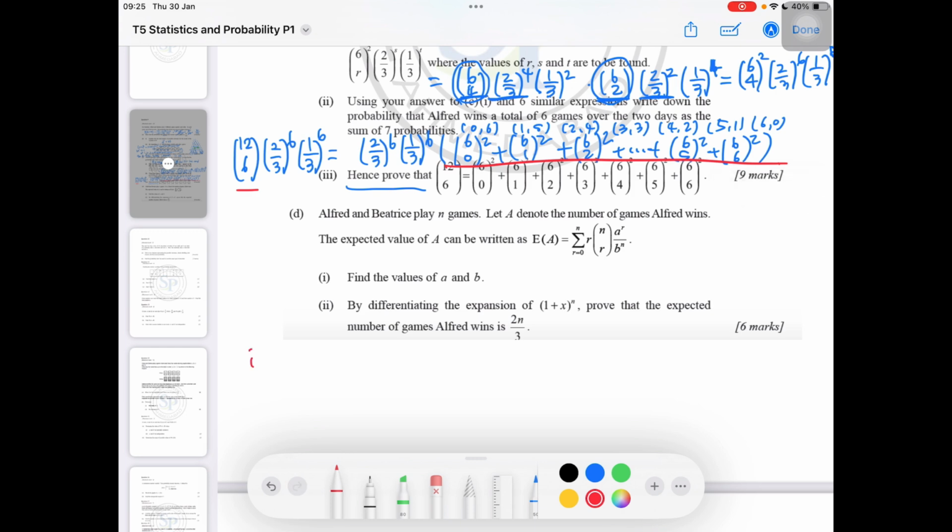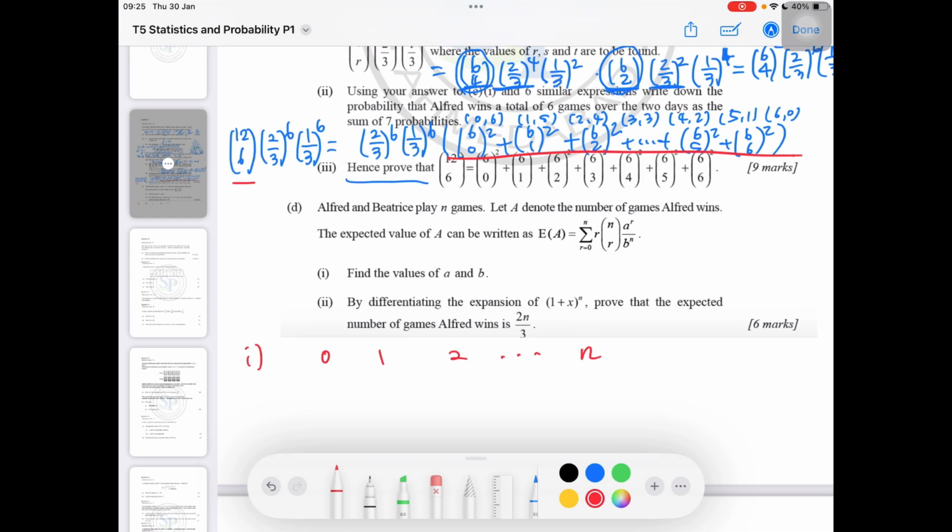Let's make it. So for example, he can win 0, 1, 2 up to n. This is the number of wins for Alfredo. The probability of winning 0 times, so this is nC0: he never wins, 2 over 3 to the power of 0, 1 over 3 to the power of n.